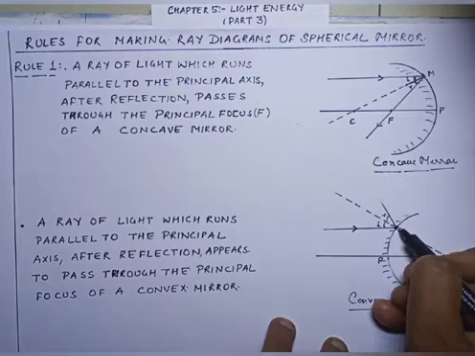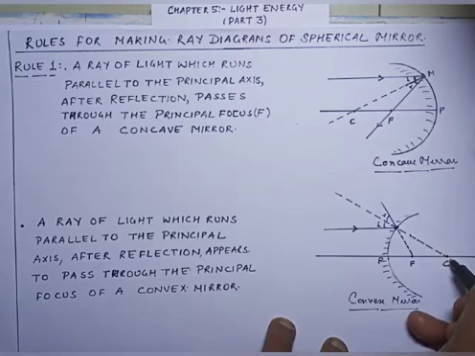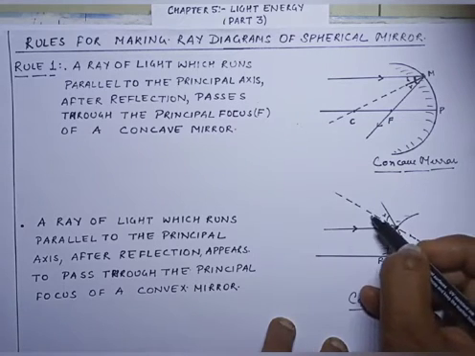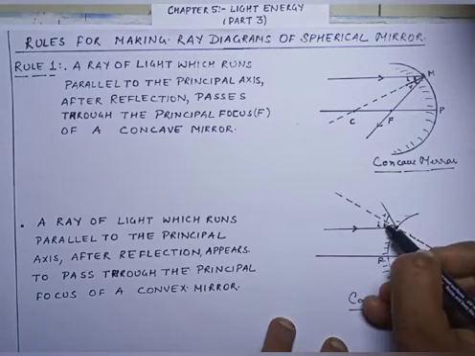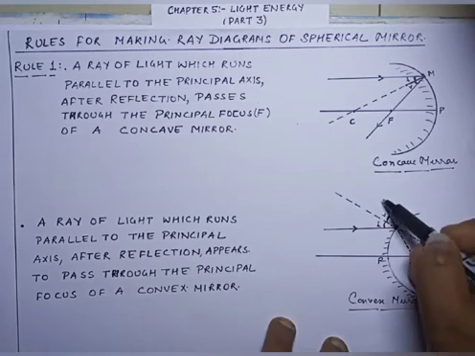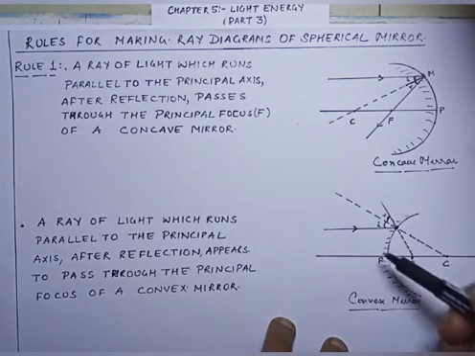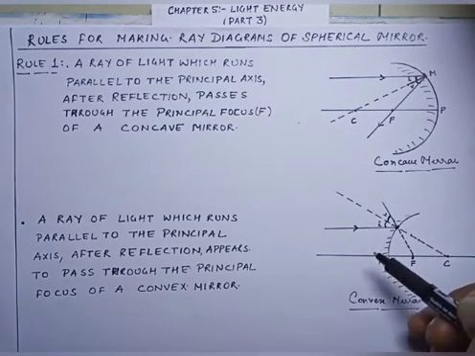The normal passes through the center of curvature. If we extend this line, it will be the angle of incidence, and the same angle will be the angle of reflection. So if we extend the reflected line, it is going to pass through the focus. I hope the first rule is clear to everyone.